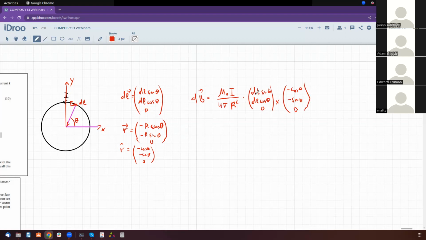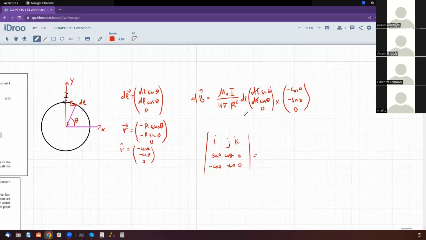Okay, so dl kind of goes out. We can take this out, and we have the cross product of i, j, k, with sine theta, cos theta, 0, and minus cos theta, minus sine theta, 0.